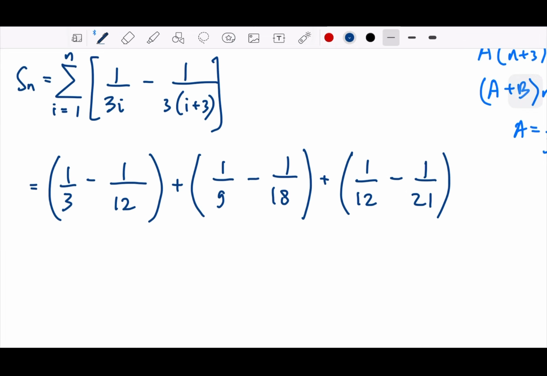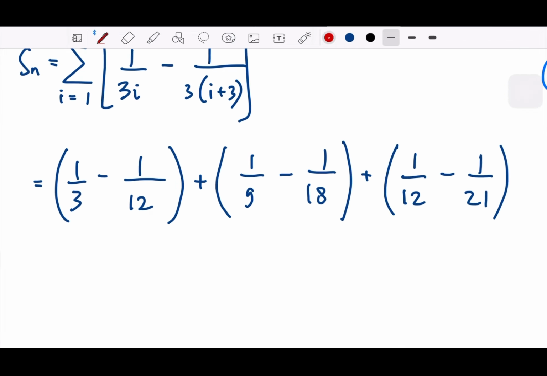And when you see this pattern, it's 3 becomes 9 becomes 12, 12 becomes 18 becomes 21. And you will see that this will cancel.